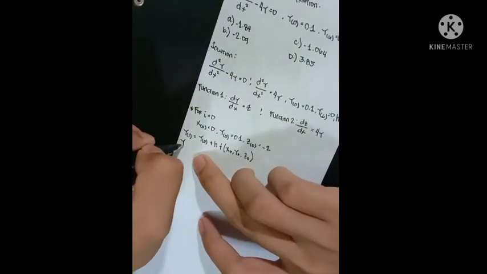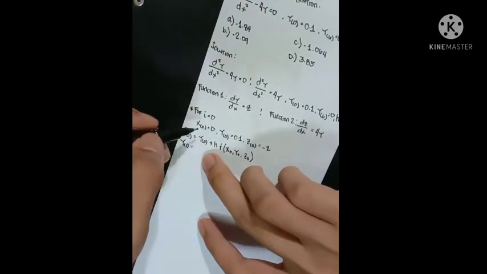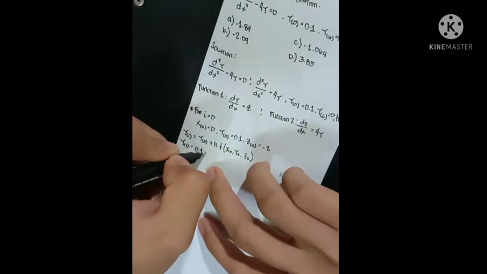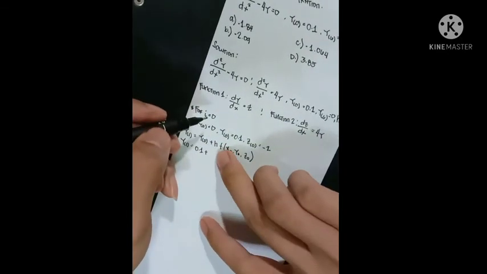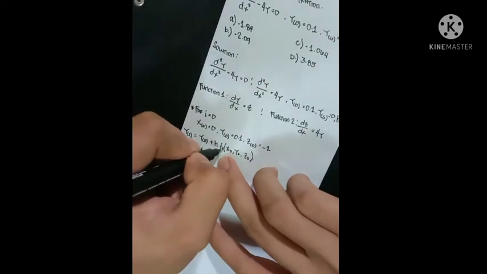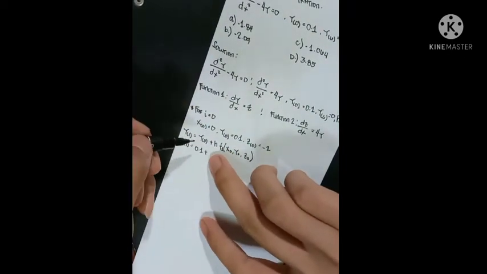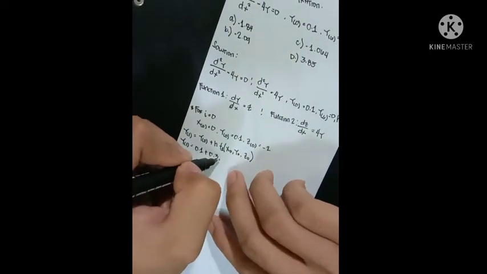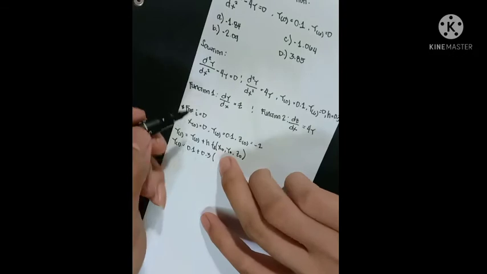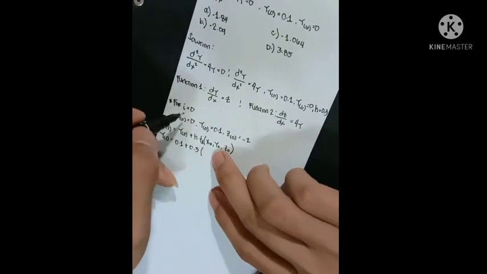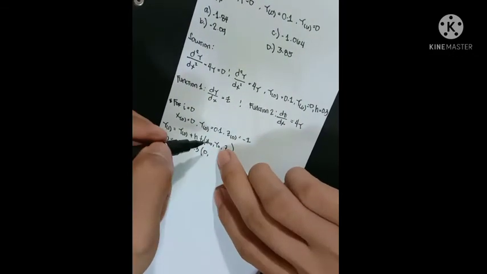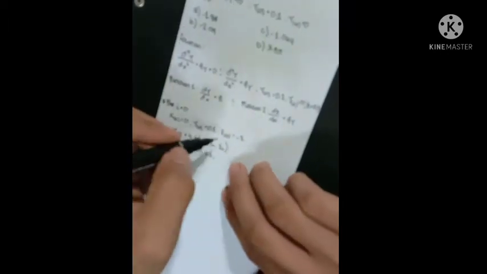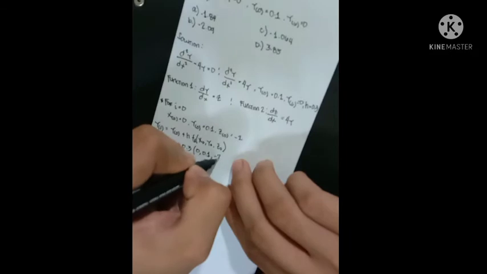So for our y1, y0 is equal to 0.1 plus the step size of 0.3 times the function 1 of x0 we have 0, y0 we have 0.1, and z0 we have negative 2.